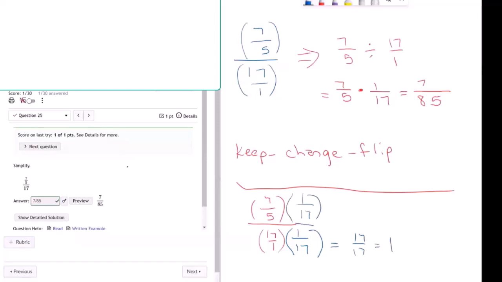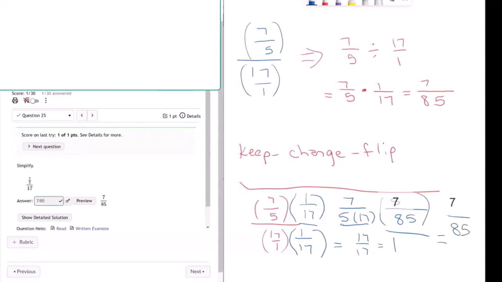But if I multiply the denominator by 1/17, I also have to multiply the numerator by 1/17. I have 7 times 1 divided by 5 times 17. 7 over, well, we already found out that's 85. Over 1, anything divided by 1 is whatever it was before, which gives me 7/85.